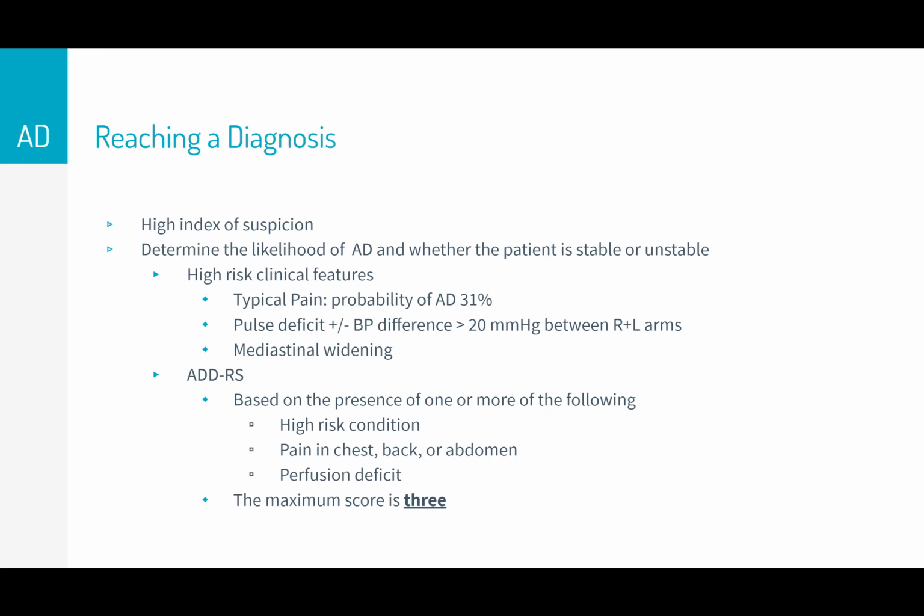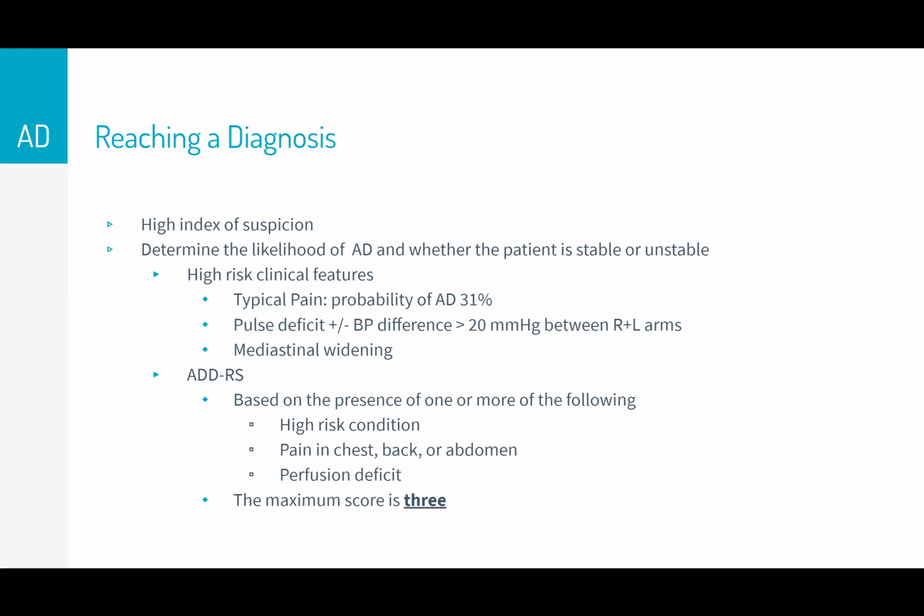Okay, another tool that you can use in order to exclude or include aortic dissection is what we mentioned before, the ADD-RS tool, which stands for Aortic Dissection Detection Risk Score.